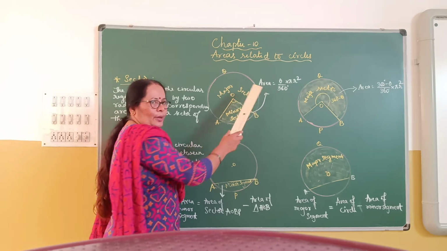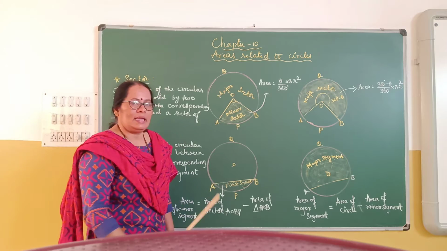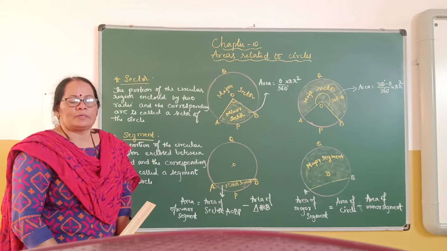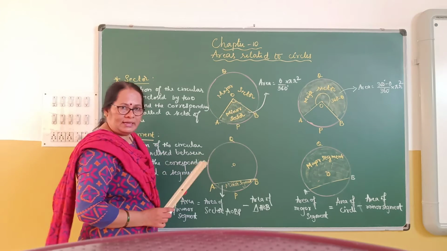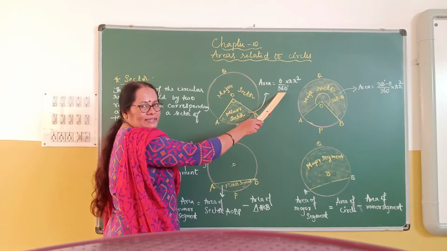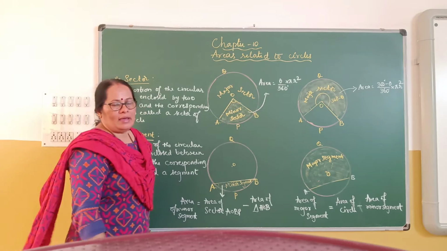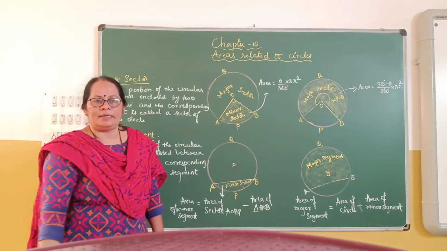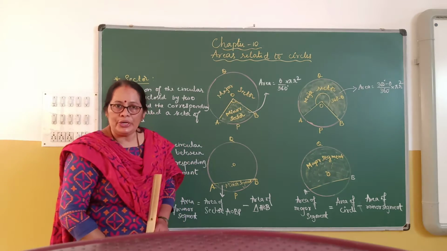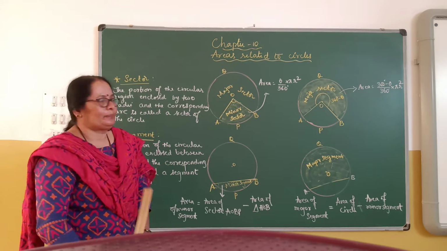So area of sector APBO is theta by 360 degrees into pi r square, where pi is a constant, its value is 22 by 7 or approximately 3.14.